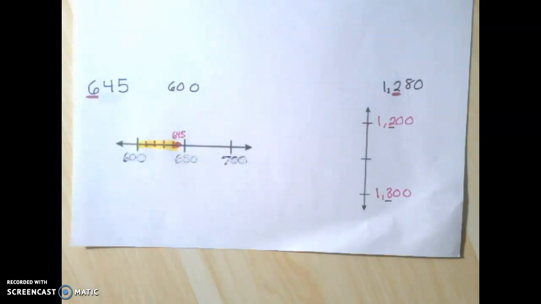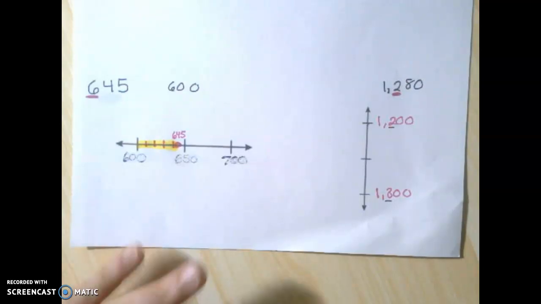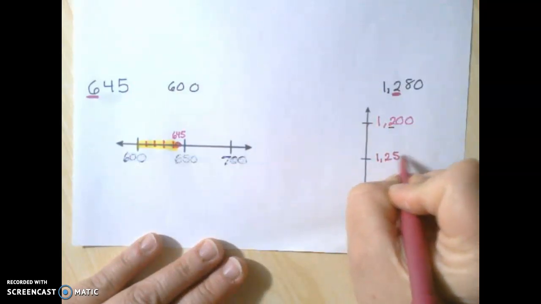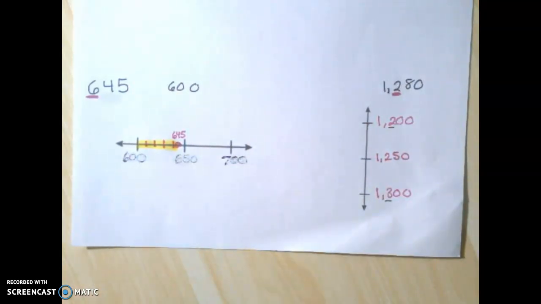Now I need to consider what is exactly halfway in between my endpoints. What is exactly halfway between 1,200 and 1,300? Good. 1,250. That is exactly halfway between my endpoints.